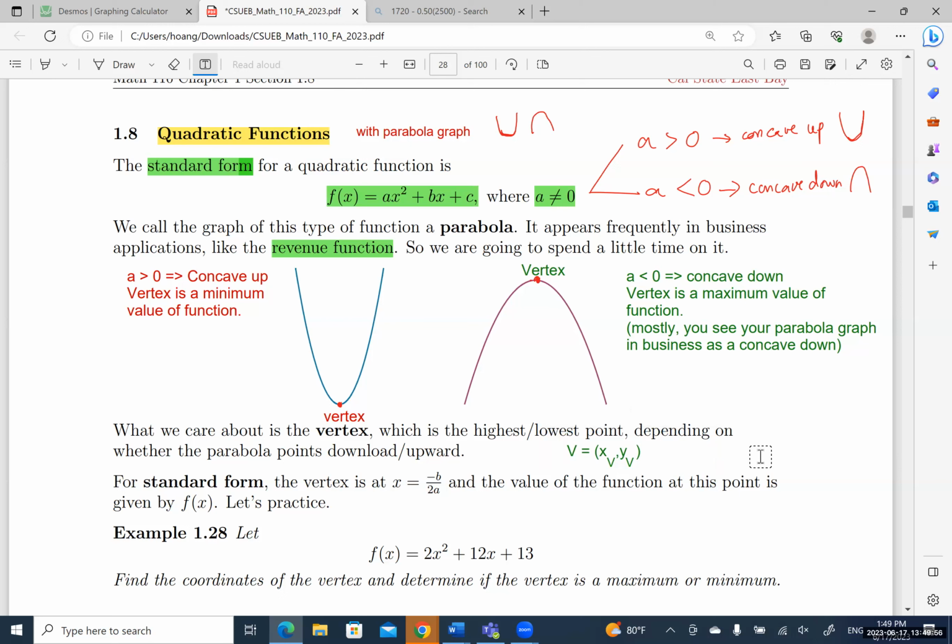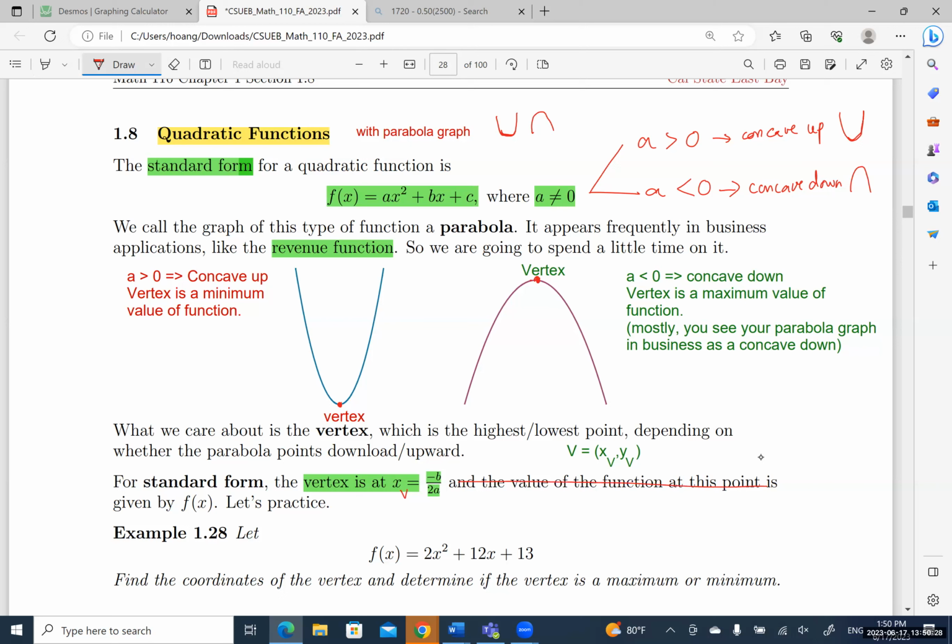All right, so now let's try to find the vertex coordinates. How to find it? First, to get the x value, I'm going to write xv. It's going to be xv equal to negative b over 2a.